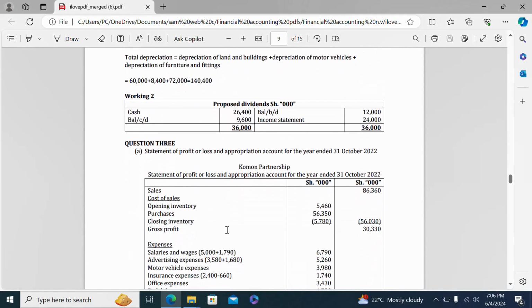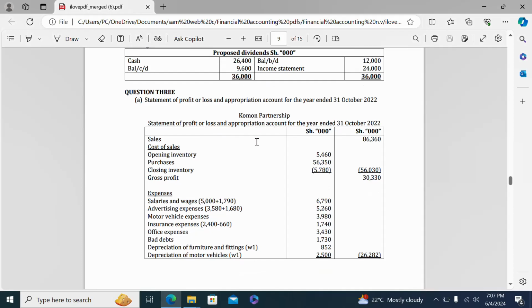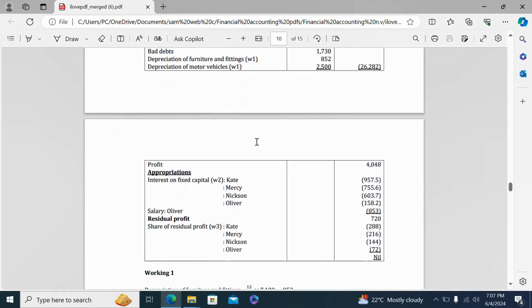Then question 3, we have part A, the statement of profit or loss and appropriation account for the year ended 1st October 2022 of Common Partnership. Remember, those partners are trading as Common Partnership. And so the statement ends here.